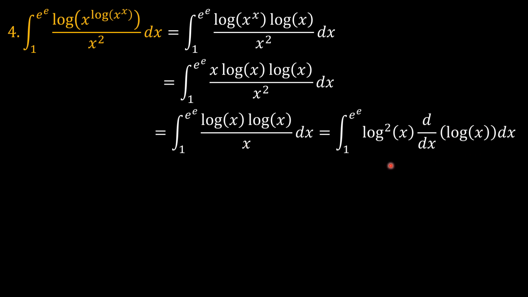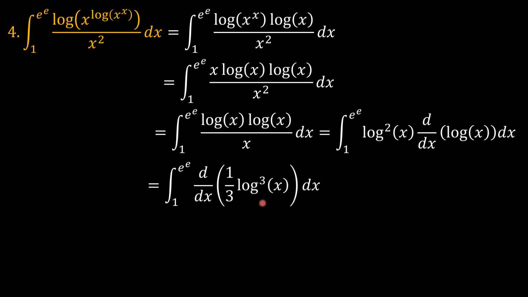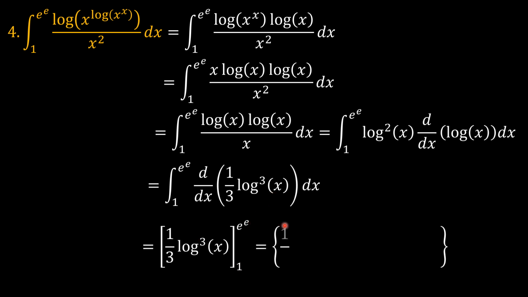So as we can see, this is just the derivative of 1 over 3, the cube of natural logarithm of x. So the integral being an antiderivative, our integral is simply a third the cube of log x from x equals 1 to x equals e to the power e.